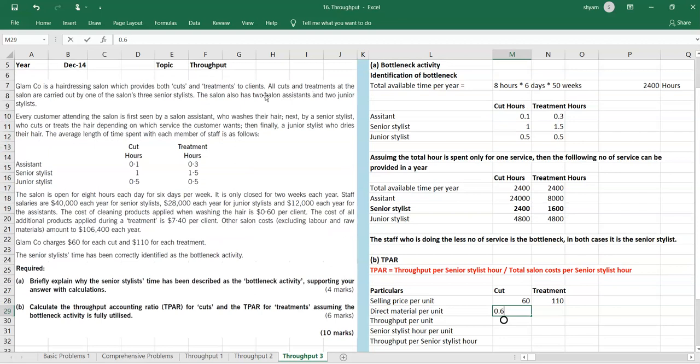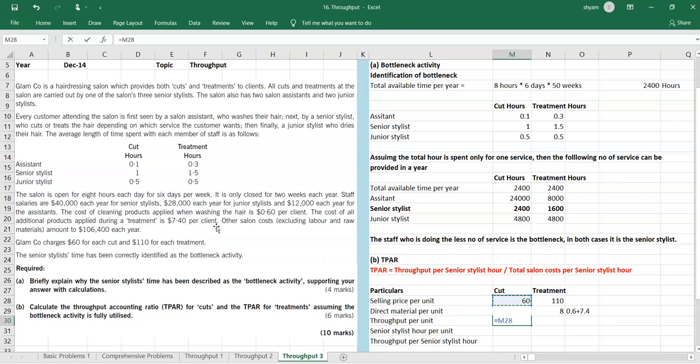All cuts and treatments at the salon are carried out this way: every customer first has the hair washed, then the senior stylist cuts or treats. So hair washing is 0.6, but treatment is hair washing plus the treatment. So both put together it comes to 8.